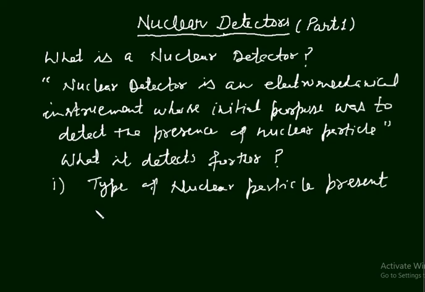It will detect whether the particle present is an alpha particle, a beta particle, gamma radiation, a neutral particle neutron, or it is a proton, deuteron, or some other heavy ion.